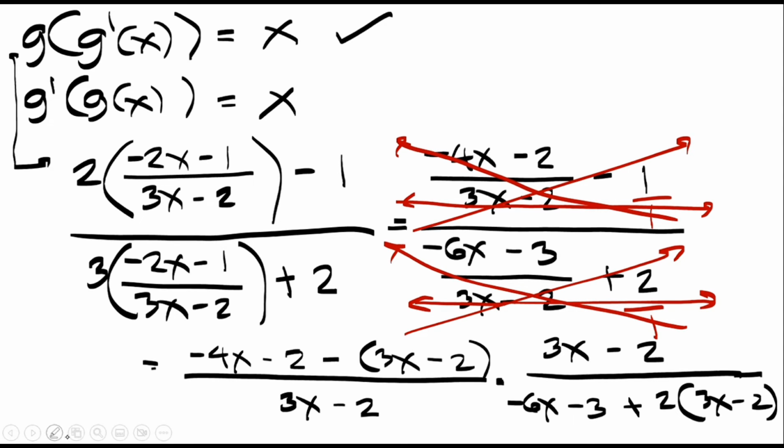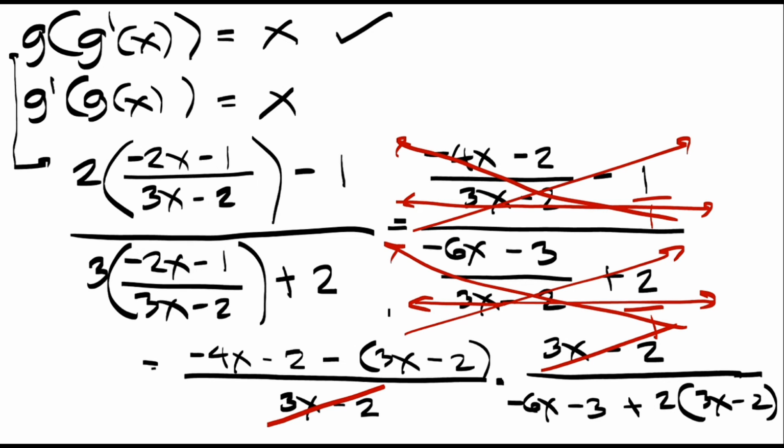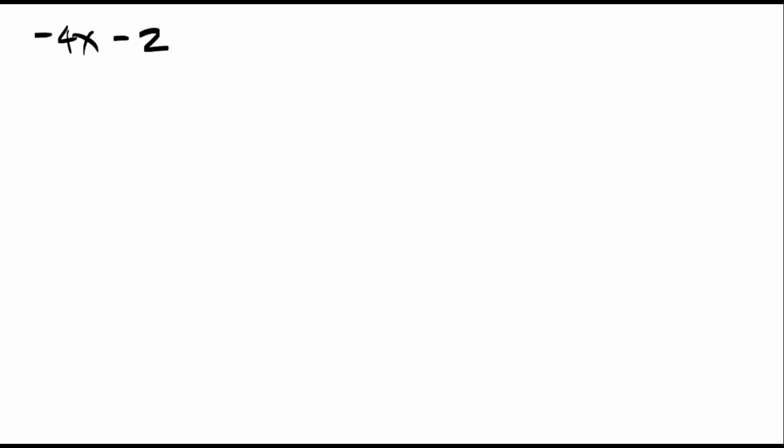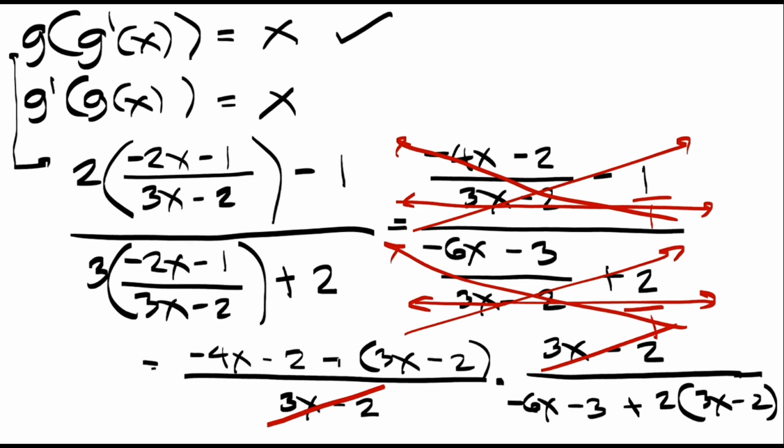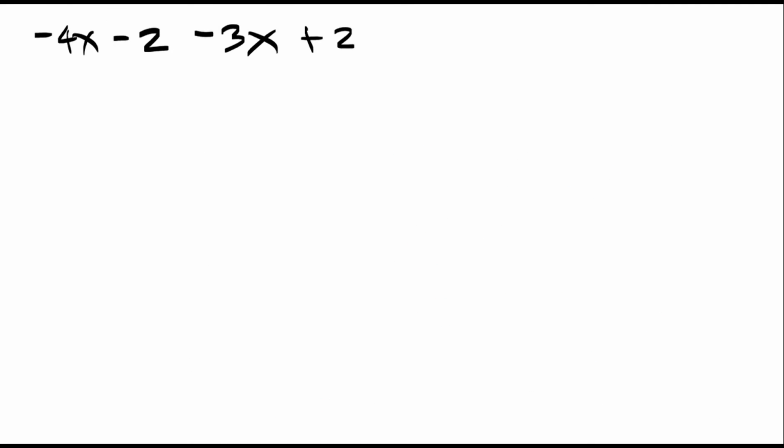From here, we can see that we can cancel out 3x minus 2. And then simplify this. Negative 4x minus 2, so we write negative 4x minus 2. Then remove the parenthesis here, so that would be minus 3x and then plus 2. Why plus 2? Because we have here negative times negative 2. And then this is all over.